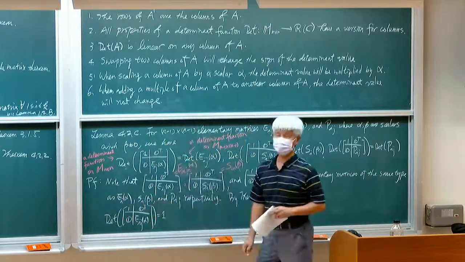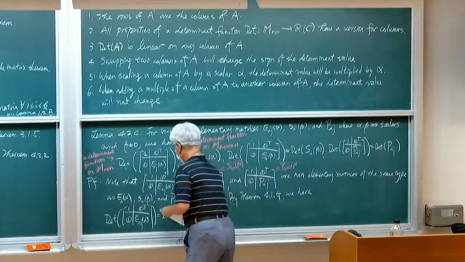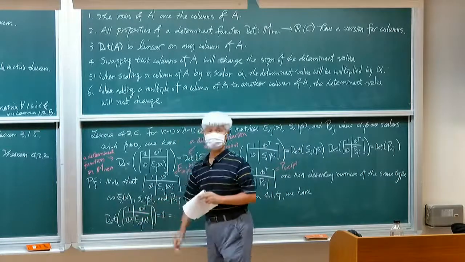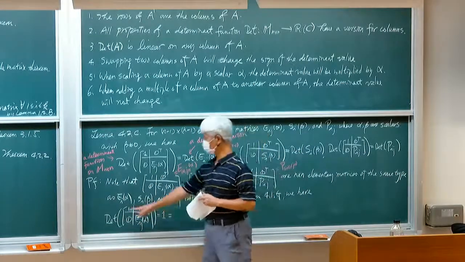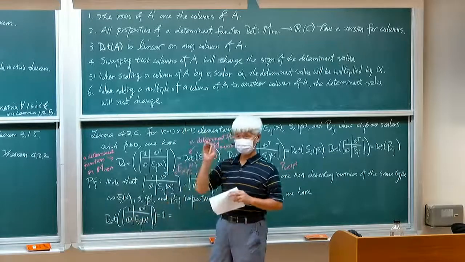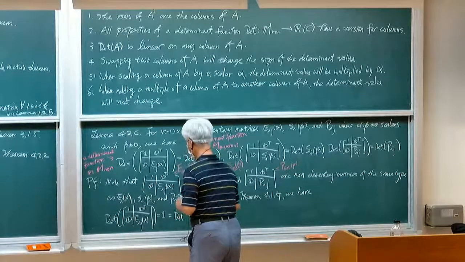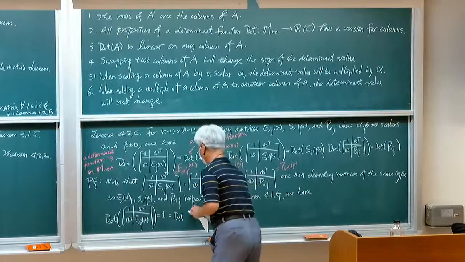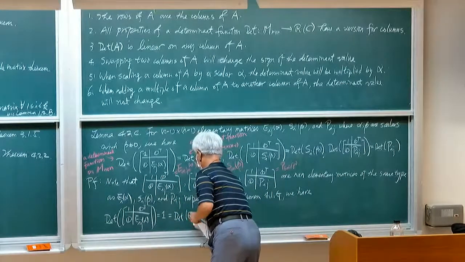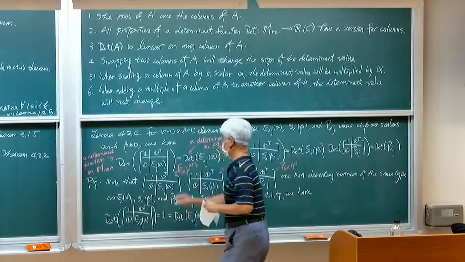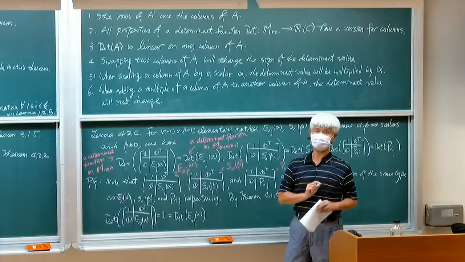Okay? And this is 1 for this determinant function on the n times n matrices. But for the determinant function on n minus 1 times n minus 1 matrices, the determinant value is also 1. So they are equal because they are all equal to 1.